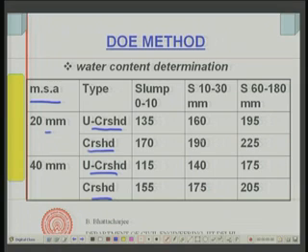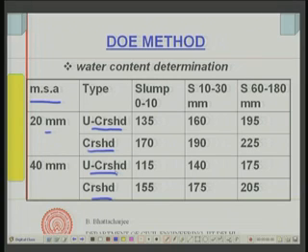This is clearly understandable, and as I increase my slump I require more water. As my aggregate size increases this will reduce, because my packing becomes better, I have a better packed system now.